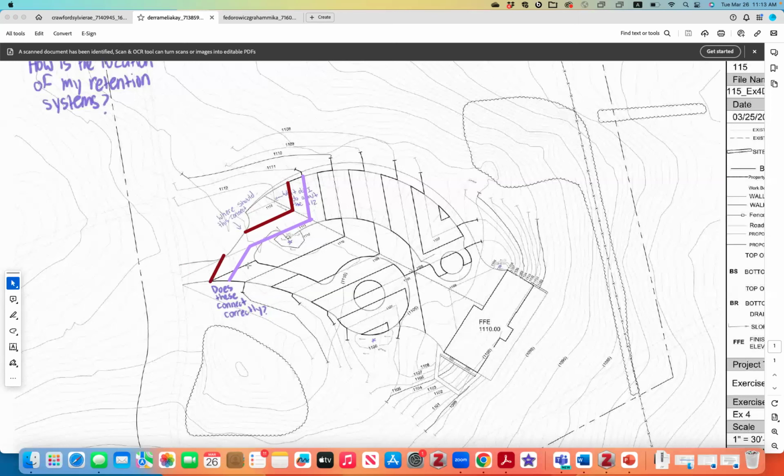That's your new 11. Then your 11 could connect somewhere here and then back to the 11 over here along the curb, back here.